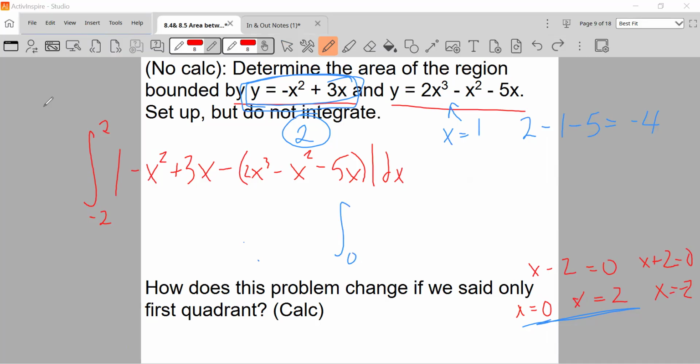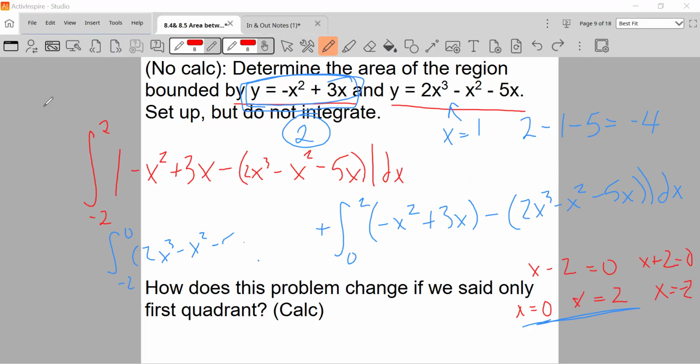So from 0 to 2, I'm going to use the x squared on top first, -x squared plus 3x, and then minus that whole second function. And then for the first chunk, from -2 to 0, I'm going to do the 2x cubed.